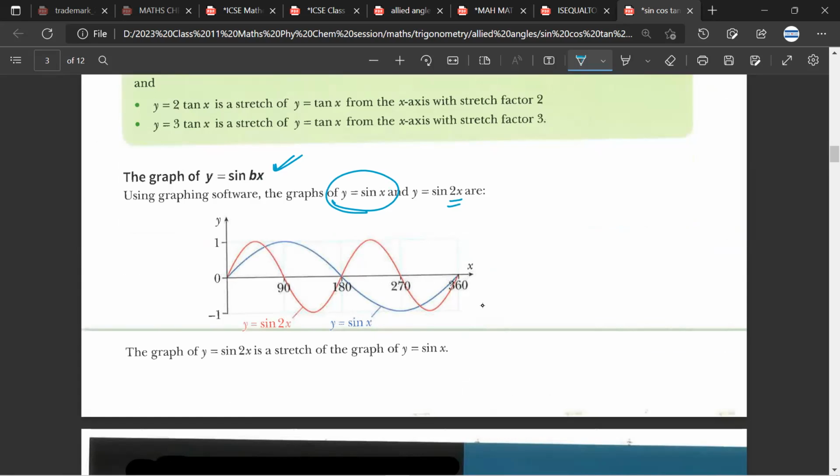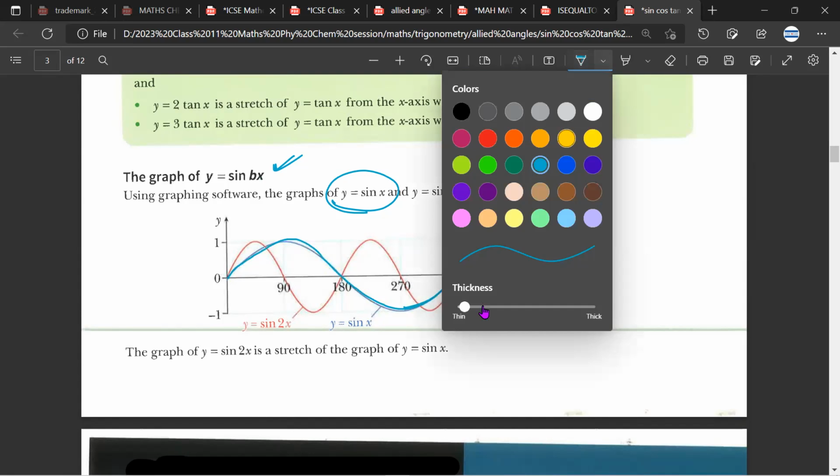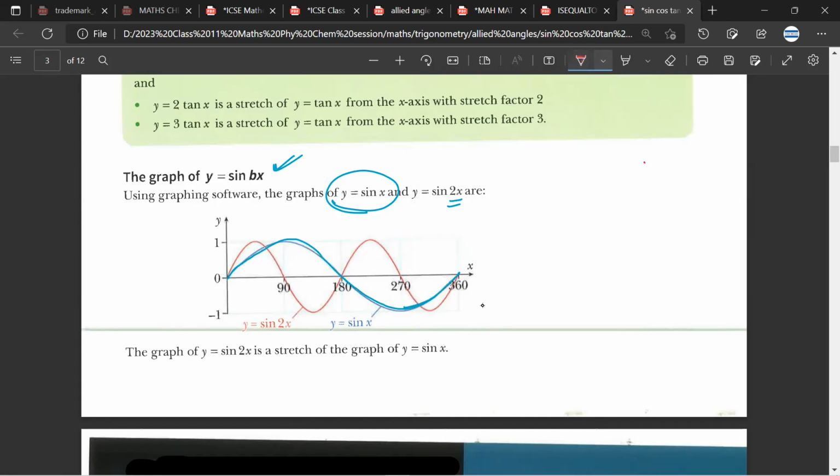So, for example, this is our usual curve. It takes 360 degrees to complete. But if we take the curve as y is equal to sine 2x, it completes the cycle in 180 degrees only. Is it making sense?